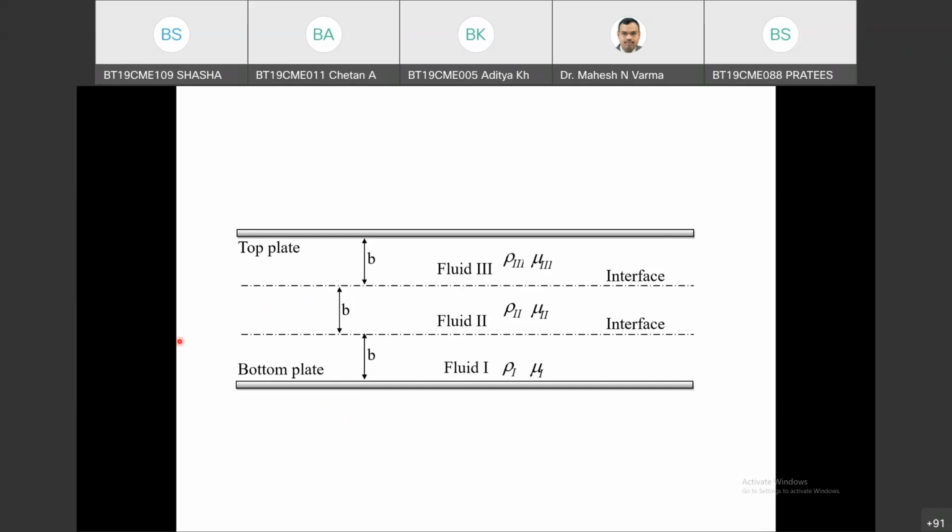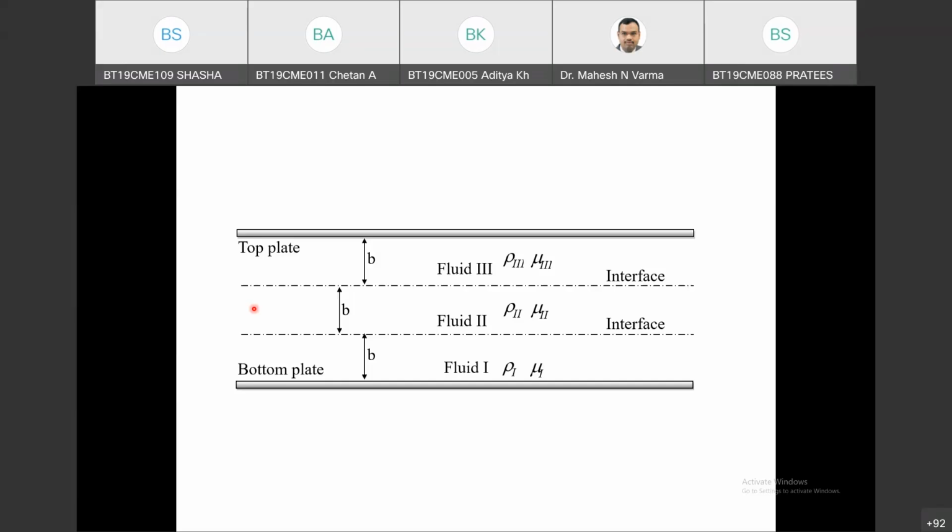Now tell me, Vz is non-zero and Vx, Vy are 0, so which momentum balance will you take? In the Z direction. What components of momentum flux will you be considering? Phi xz, phi yz, and phi zz. Very good, exactly similar to the previous problem.